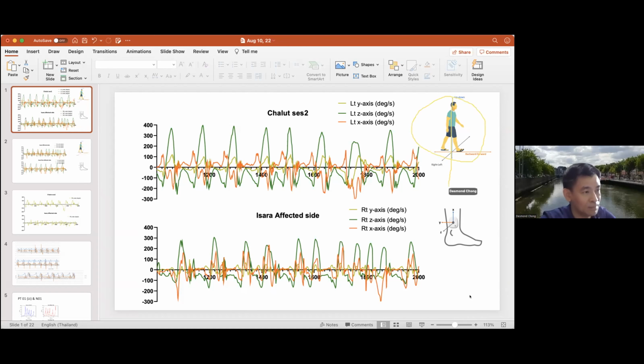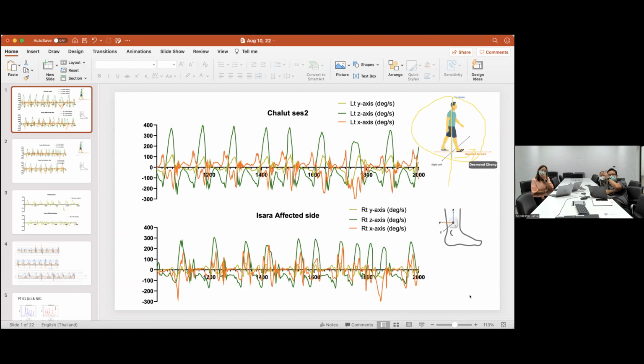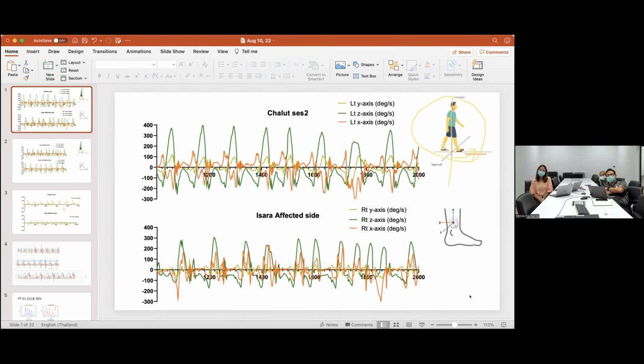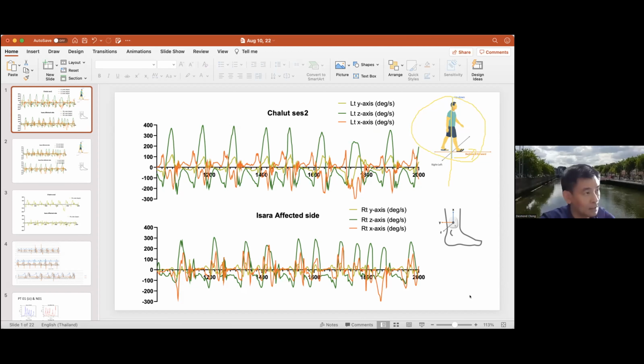If it's positive, the range of motion will all be here, counterclockwise at the Z axis, and negative will be swinging back, right?